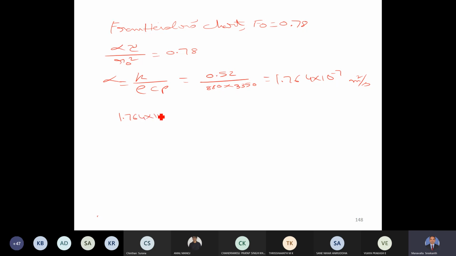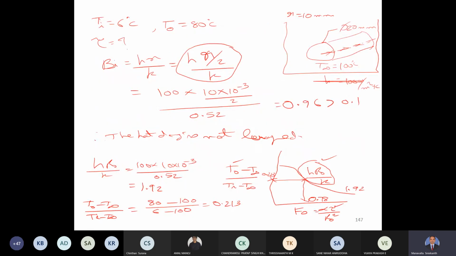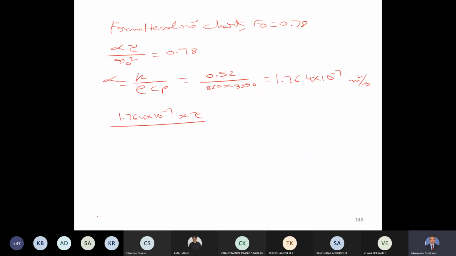1.764 multiplied by 10 power minus 7 multiplied by tau divided by R naught squared. We have diameter 3 millimeters, so R naught is 1.5 millimeters, equal to 0.78. So what is tau?